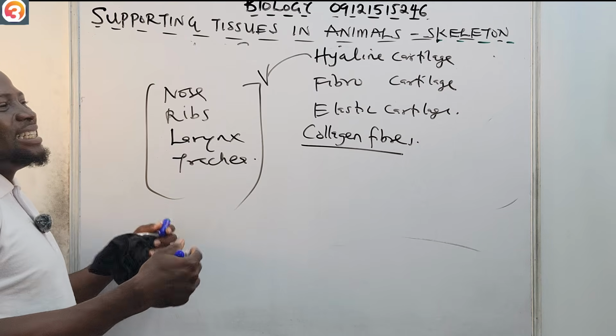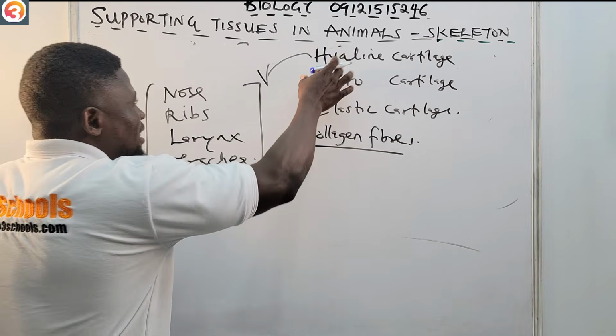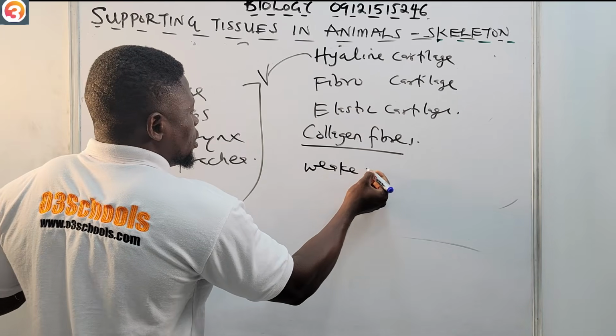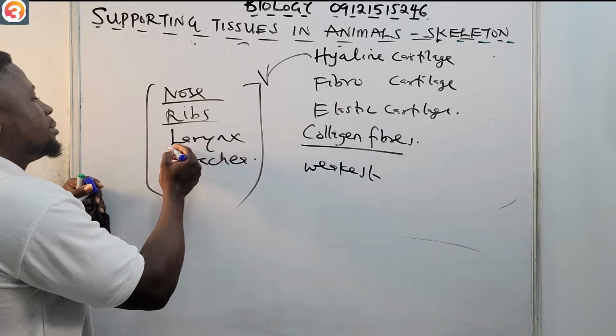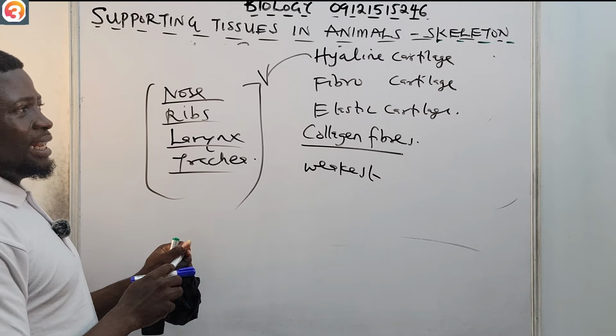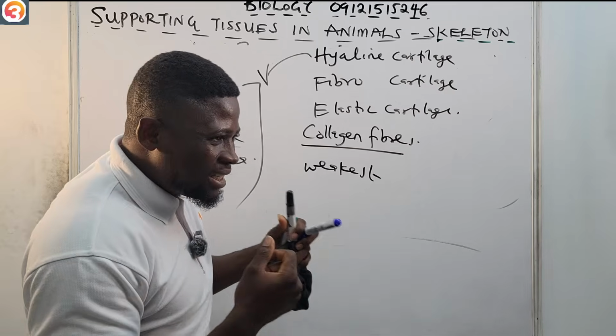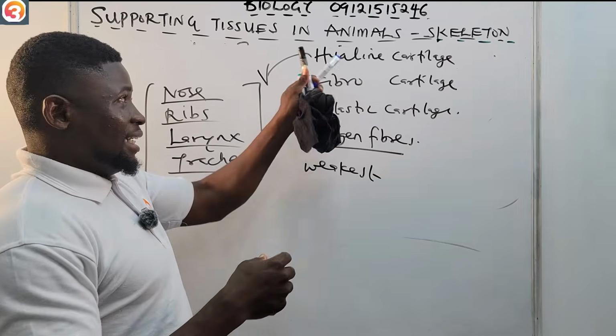The hyaline cartilage is the weakest type of cartilage that is found. It is the most common, and it is the weakest. It is found in the nose, ribs, larynx, and trachea. But it contains collagen fiber that helps to strengthen the cartilage.